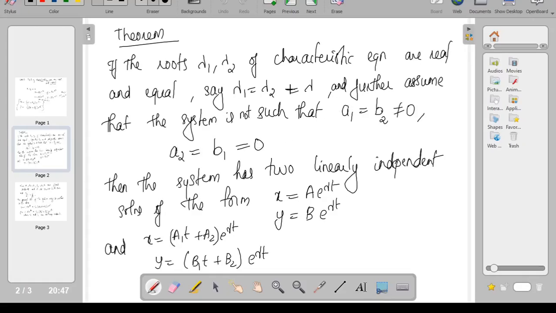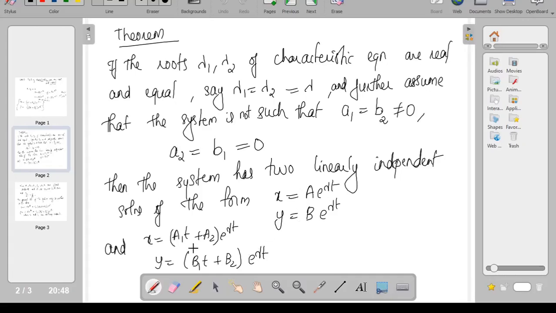Then the system will have two linearly independent solutions. So solutions will be of the form x equal to a e raised to lambda t and y is b e raised to lambda t, and the second linearly independent solution is a1 t plus a2 e raised to lambda t and y is b1 t plus b2 e raised to lambda t.